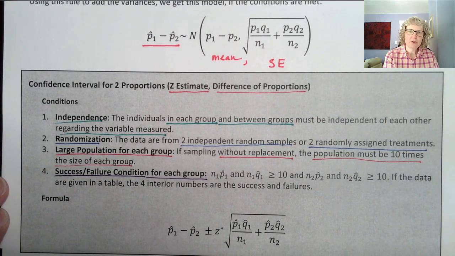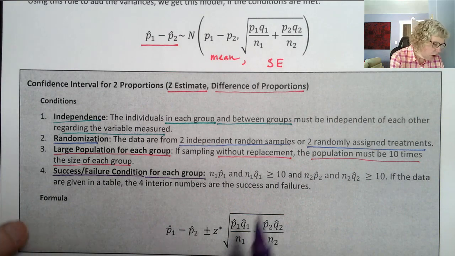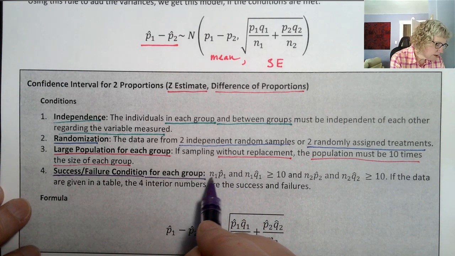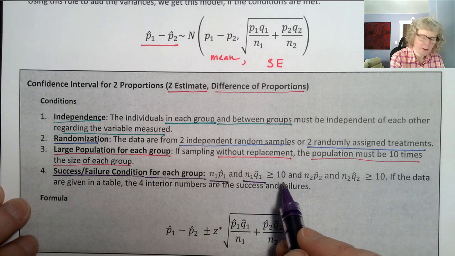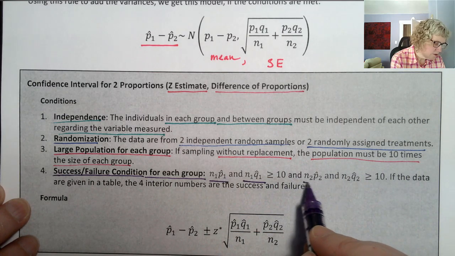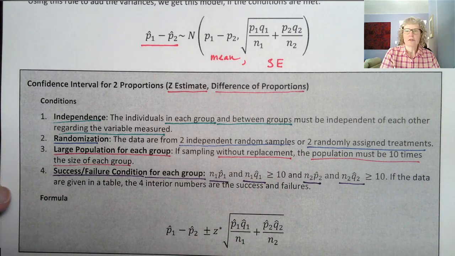Now remember when we actually get our data, we'll have the hats on it. So N1 p hat 1, N1 q hat 1 greater than or equal to 10, and N2 p hat 2 and N2 q hat 2. So all four of those combinations greater than or equal to 10.